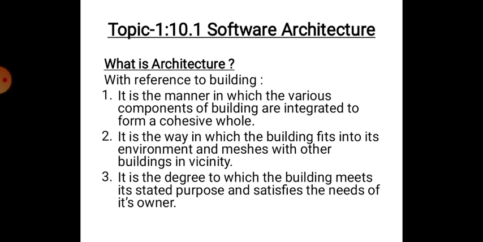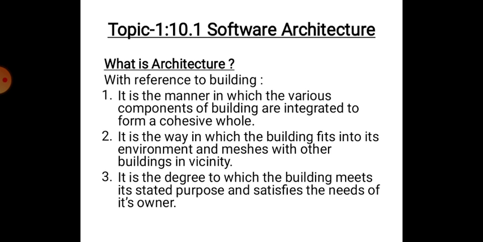So as far as building is concerned, number one, it is the manner in which the various components of the building are integrated to form a cohesive whole. So, students, the way the building is constructed and all the components are integrated may be considered as an architecture.